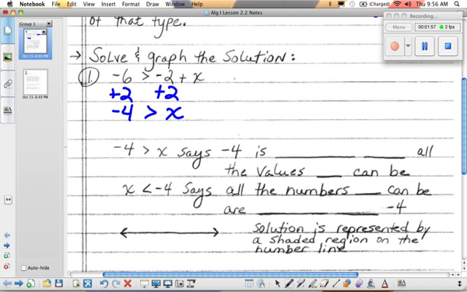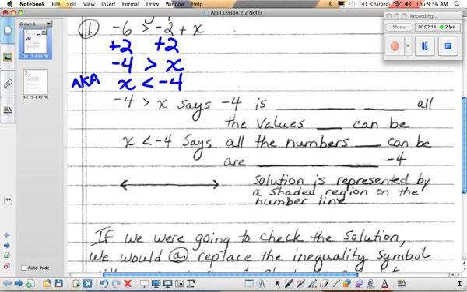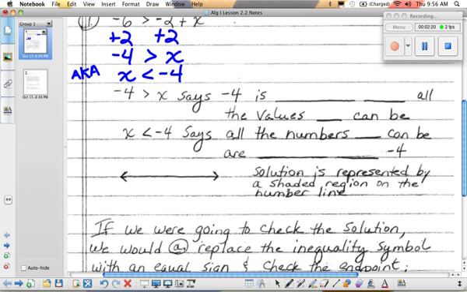So this is also known as, and I think they had you do this in your homework for today, let's reverse that so that the variable's on the left side. What would that be also known as? x is less than negative 4. Yeah, x is less than negative 4. So basically, we're going to graph it, but negative 4 is greater than x says what?